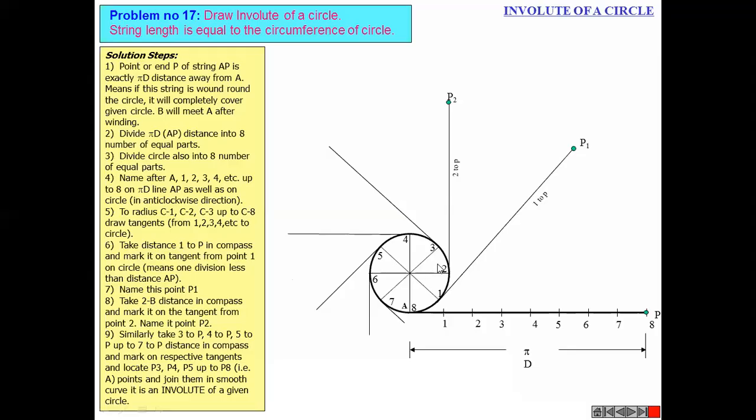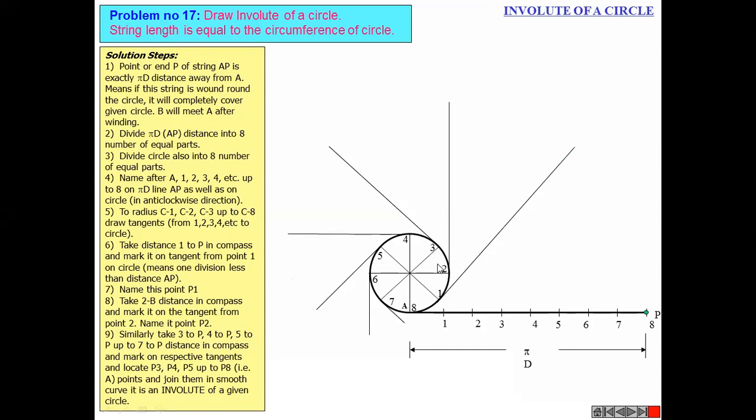Okay, so what we need to do now is mark the points on these tangents. Those will mark the position of the extreme end of the thread or string at that particular point. When the circle rotates, where their point will be, that we will be marking.